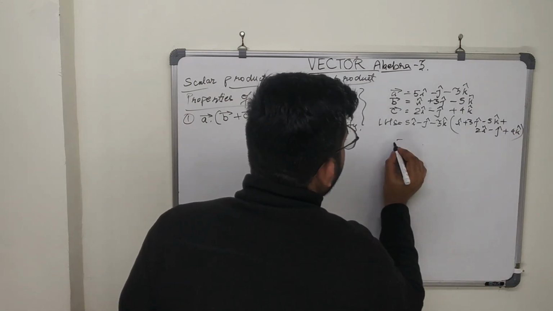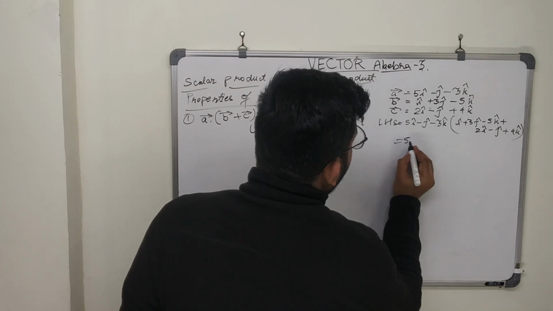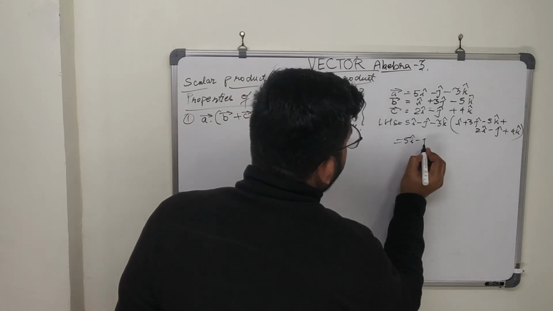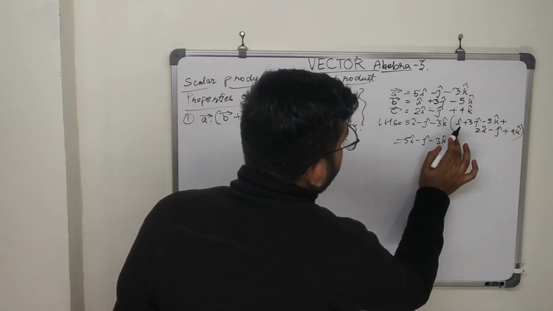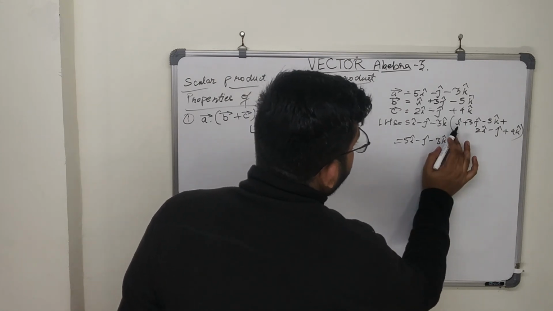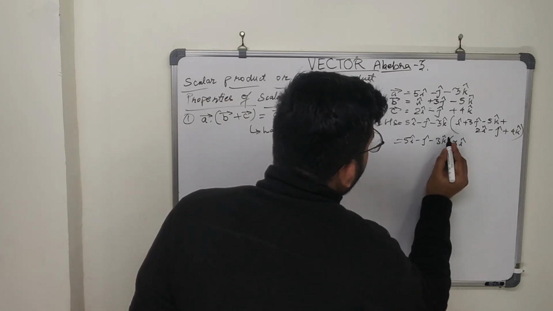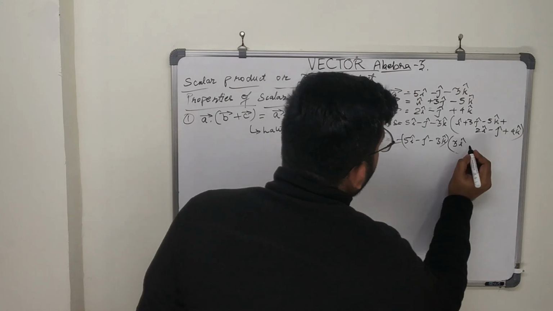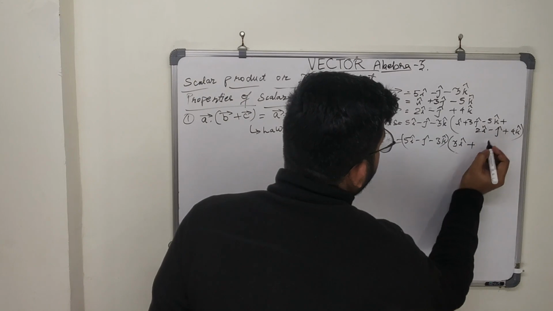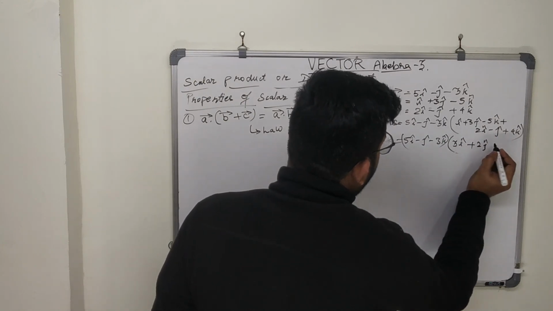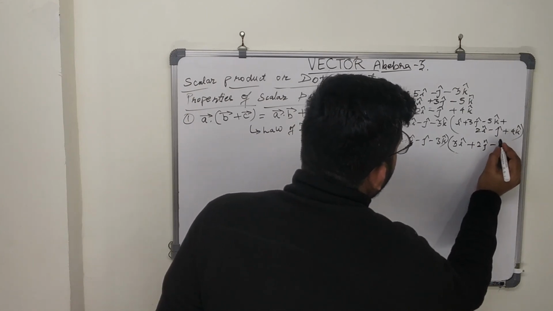We will solve and find the LHS of this question. We will find the sum of these two vectors, that is i cap plus 2 i cap, that is 3 i cap, plus 3 minus 1, that is 2 j cap, minus 5 plus 4, that is minus k cap.